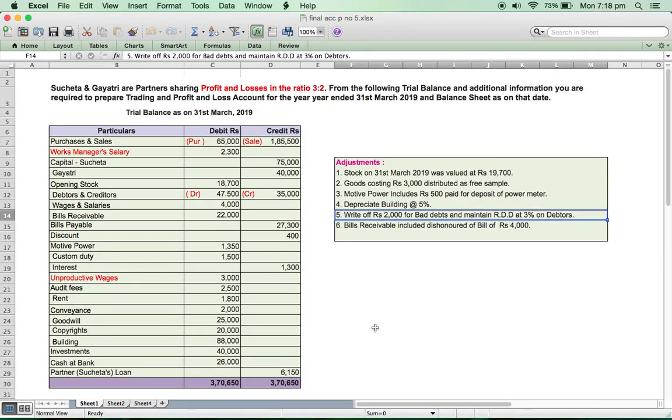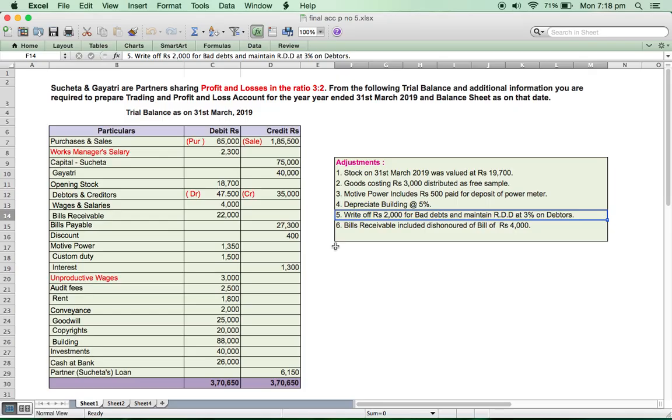Next is write off 2,000 as bad debts and maintain RDD at 3% on debtors. Generally, when we give effect to the adjustments to debtors, there is a certain sequence which needs to be followed. There are a total of 5 adjustments to debtors.